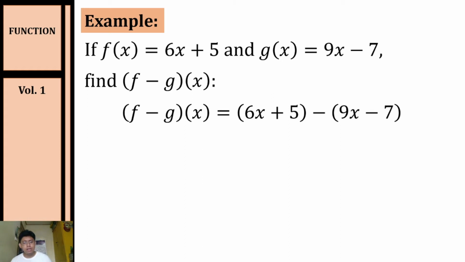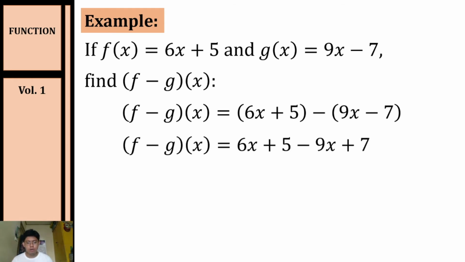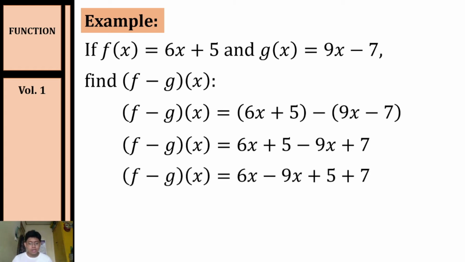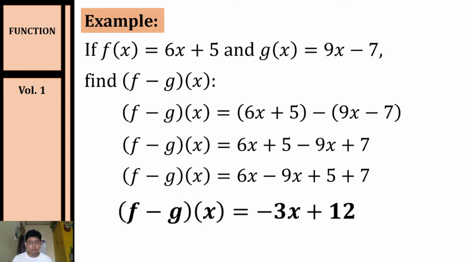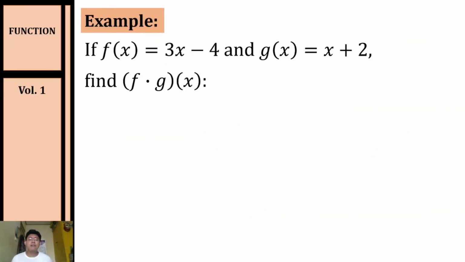Let's first apply distributive property by distributing the negative symbol to our second group. So we will have 6x plus 5 minus 9x plus 7. Now let's apply combining like terms, 6x minus 9x, 5 plus 7. Simplifying that, the difference of the two functions, f of x and g of x, will be equal to negative 3x plus 12.